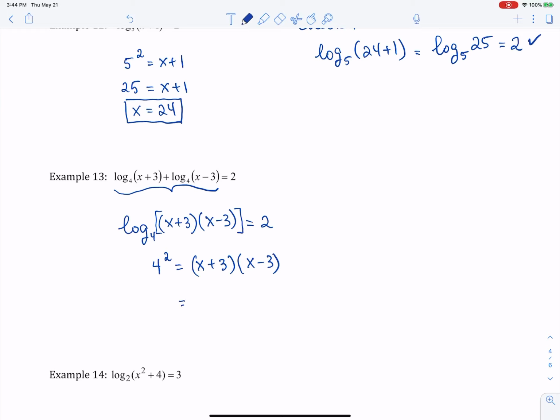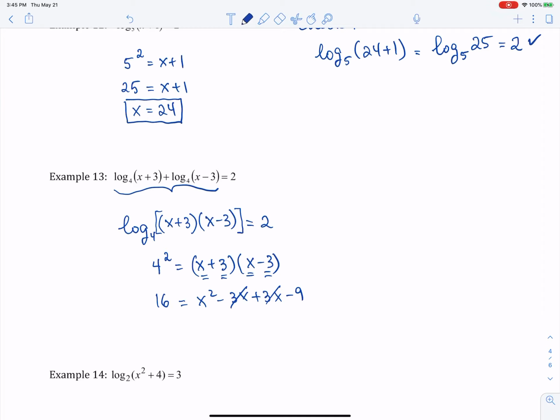x times x is x squared. x times negative 3 is negative 3x. 3 times x is positive 3x. And 3 times negative 3 is negative 9. Those two cancel. This is why it's a formula, because they are always the middle terms, so it always cancels. So 4 squared is 16.